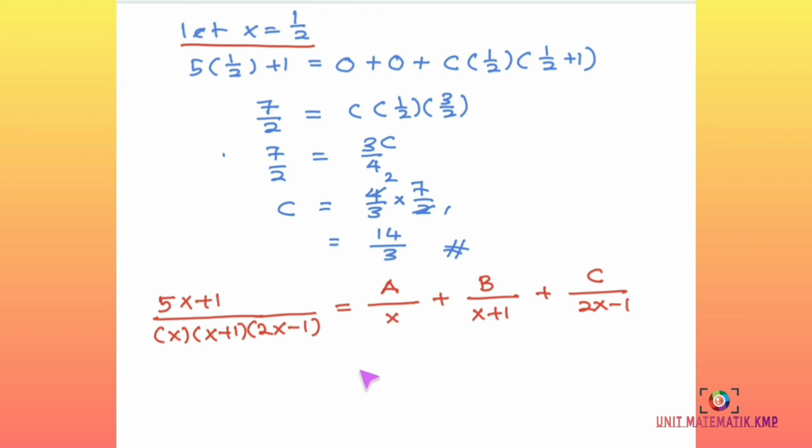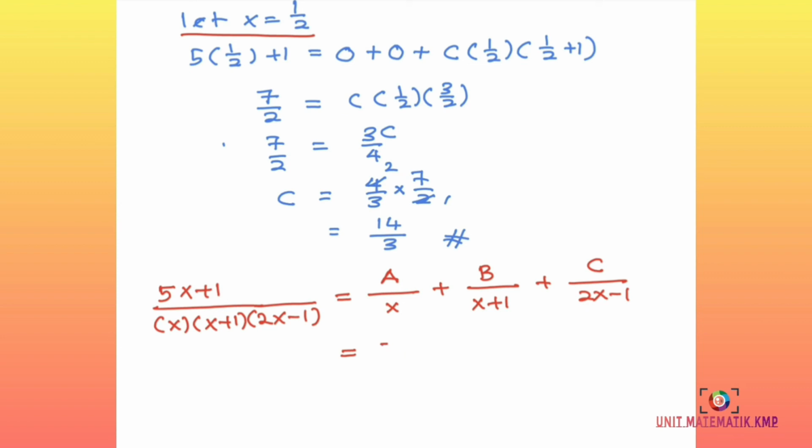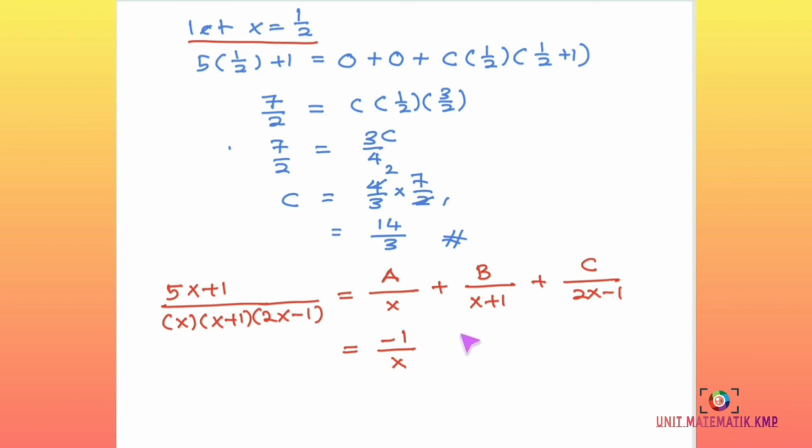Just substitute back the values. A is negative 1, so it will be negative 1 over x. B is negative 4 over 3, so negative 4 over 3 times (x plus 1). Please beware how we write the correct answer. And C is 14 over 3, so plus 14 over 3 times (2x minus 1). So this is our final answer.